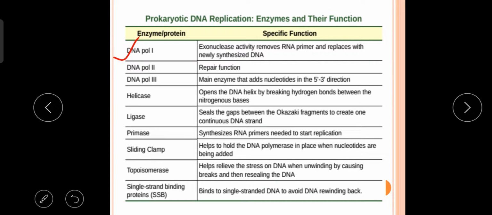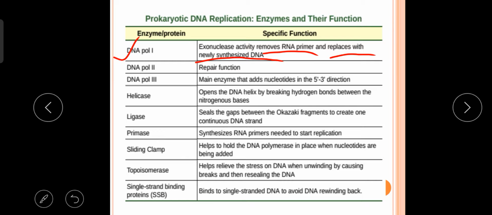In prokaryotic DNA replication, DNA polymerase 1 removes the RNA primer and replaces it with newly synthesized DNA. I will tell you what the RNA primer is. Simply remember, DNA polymerase 1 removes the RNA primer, and in those places it synthesizes a new DNA strand.